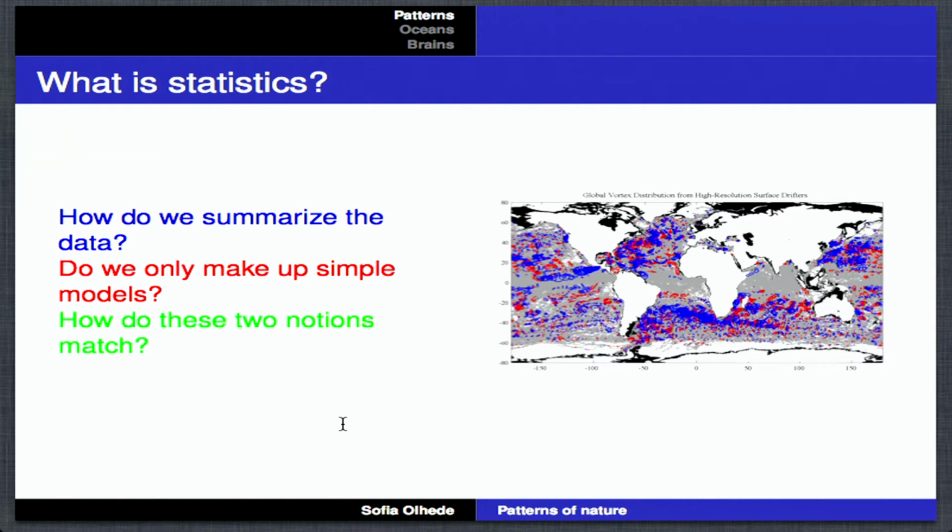And that corresponds to modeling, because a model is a quantitative mechanism that produces a pattern. So the second question, after we've looked at key features that appear to be in the data, is how do we make up simple rules that actually create patterns? And one of the most important questions a statistician has to answer is, how do these two things match? I might calculate something from the data that looks interesting, but can I actually match this up with my notion of how the data must have been created?